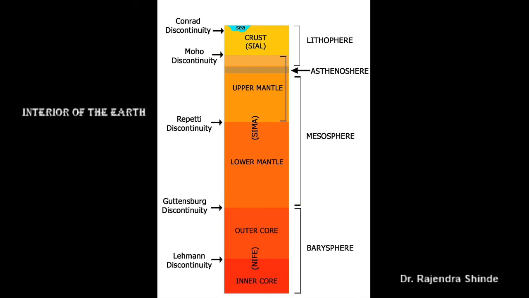The core consists of two sublayers, the inner core and the outer core. The inner core is in a solid state, whereas the outer core is in a liquid or semi-liquid state. The discontinuity between the outer core and the inner core is called the Lehmann discontinuity.